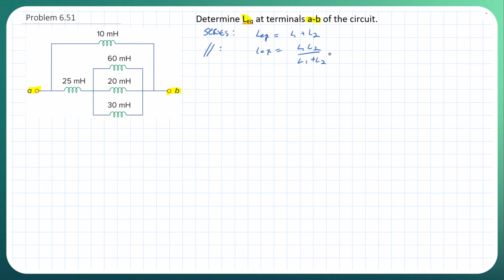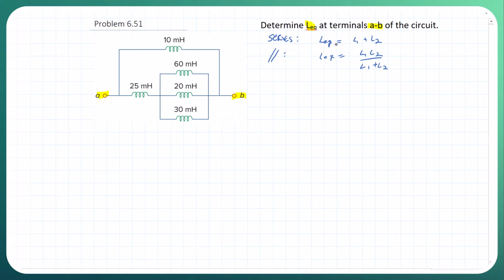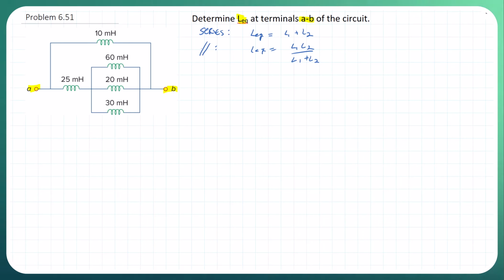Or if we have more than one inductor, we can rewrite this as 1 over L equivalent is equal to 1 over L1 plus 1 over L2 plus 1 over L3, up to 1 over Ln.